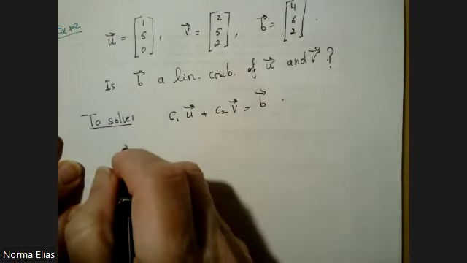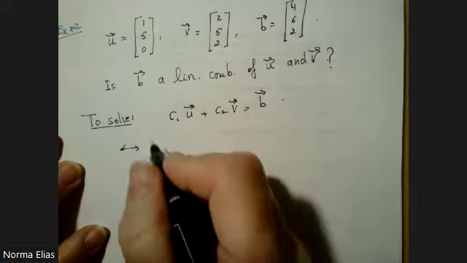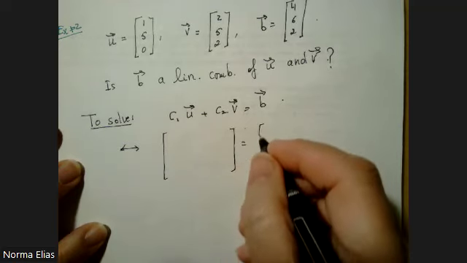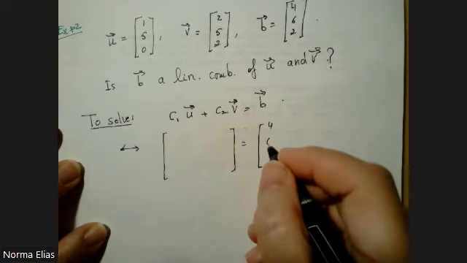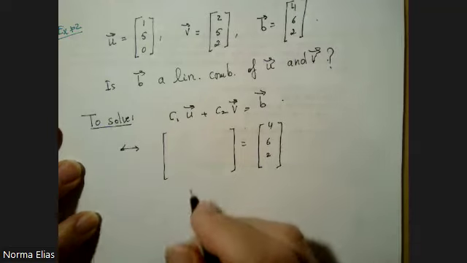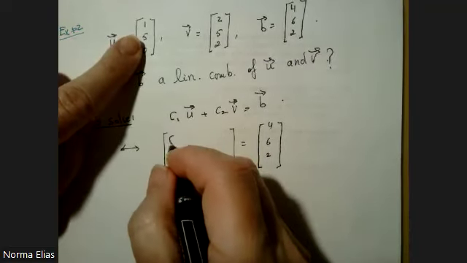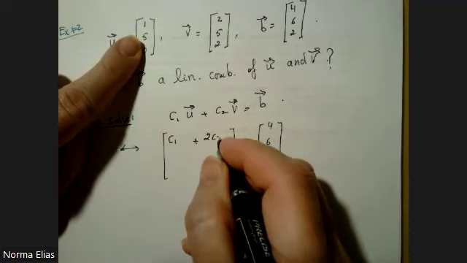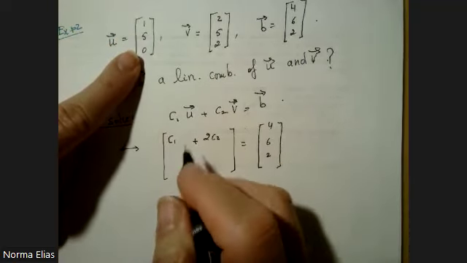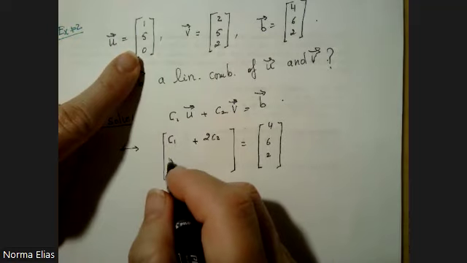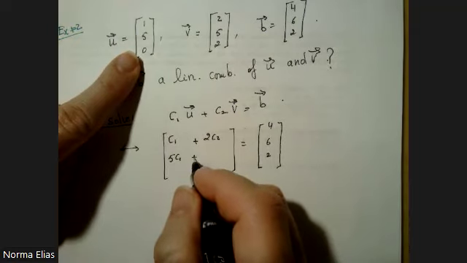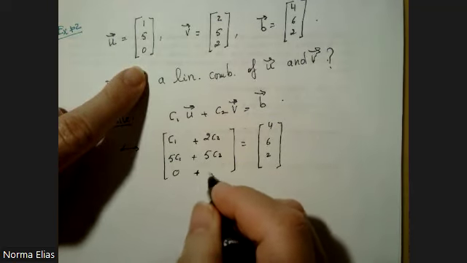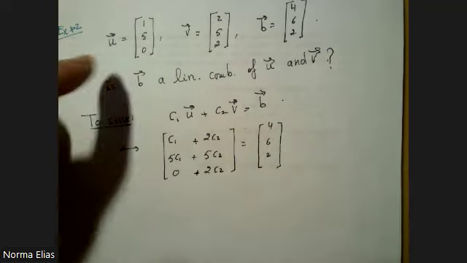Okay. So this is equivalent to solving the following. The vector B is 4, 6, 2. This one is C1, 5C1, 0, plus 2C2, 5C2, 2C2. I'm adding basically the vectors.